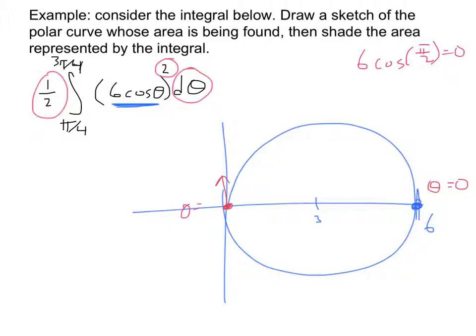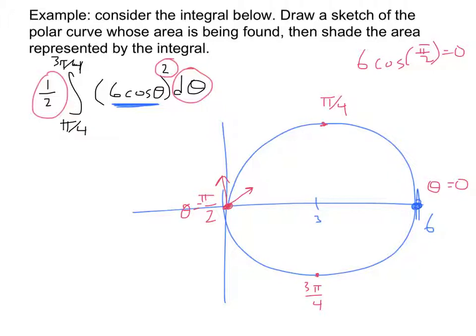So this is where theta equals pi over 2. We can use that to come back to the idea that this point up here corresponds to pi over 4, and this point down here corresponds to 3 pi over 4. That makes sense because if I was going at an angle of pi over 4, I'd get to there.